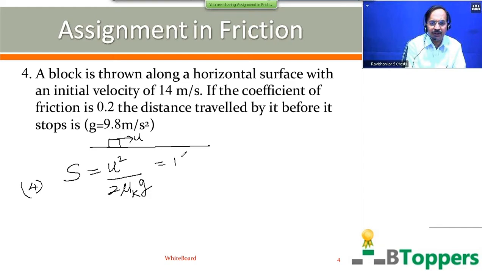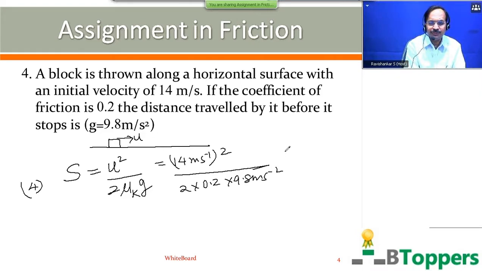Here the initial velocity u is 14 meters per second, and mu k is 0.2, and g is 9.8 meters per second square.